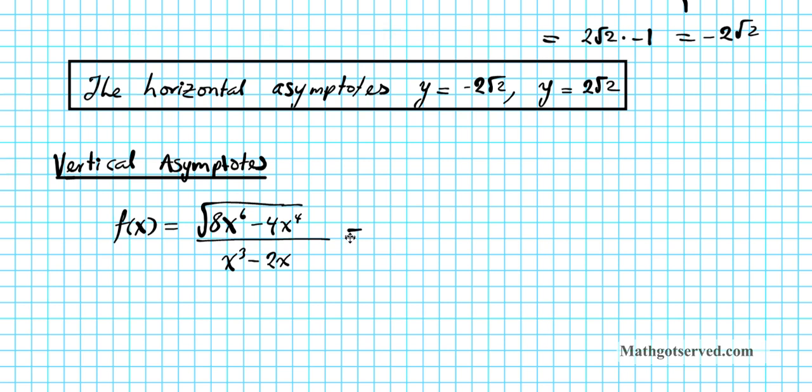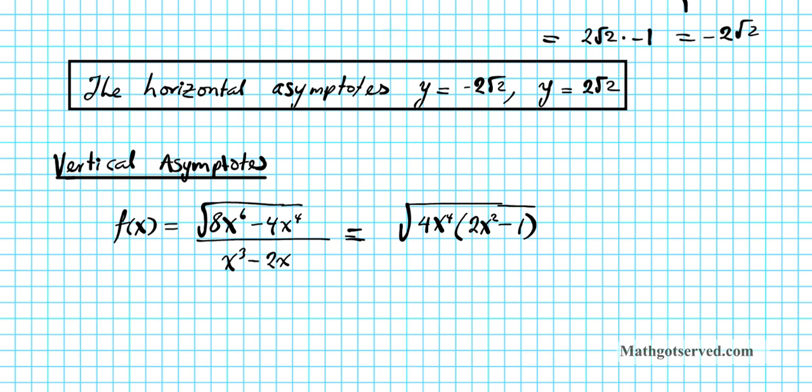And then what's left in the denominator, we can set to 0 to look for our vertical asymptote. So in the top, we can factor the numerator. By all means, we can take out 4x to the 4th, and then we're going to be left with 2x squared minus 1 in the numerator.